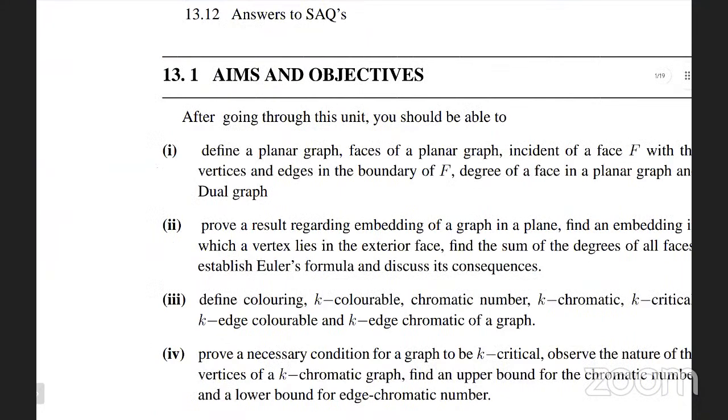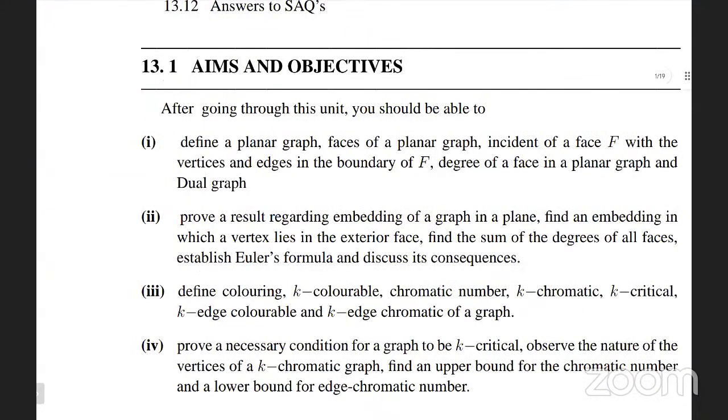Now, the aim and objectives of this topic. Going through this unit, define the planar graph, faces of the planar graph, incident of the face F with the vertices and edges in the boundary of F, and the degree of the face in a planar graph and a dual graph.